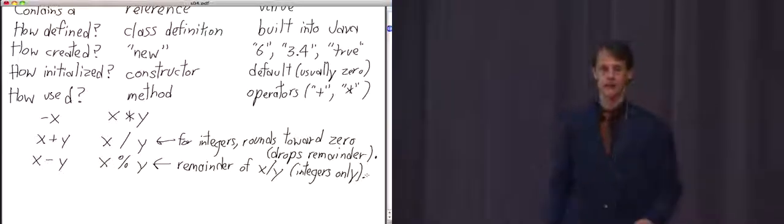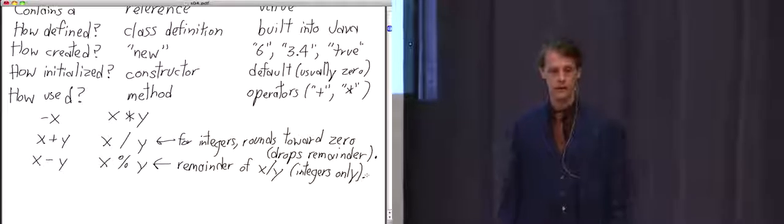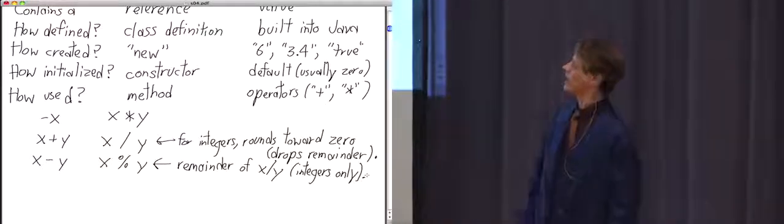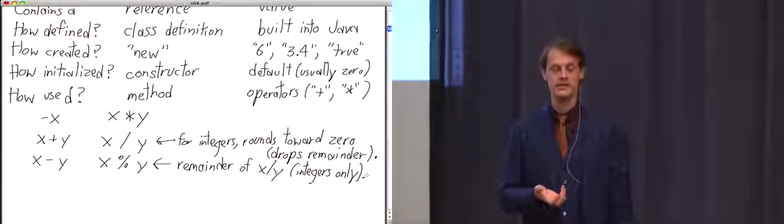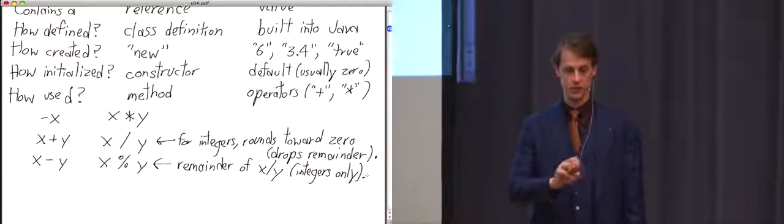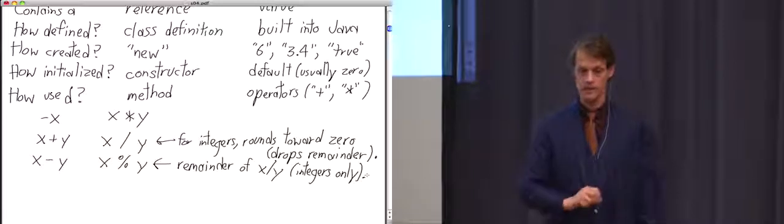I don't quite understand the distinction you made between created and initialized. Could you explain that? Created is when you bring one of these things into existence in the first place, like create the piece of memory that's going to store either the primitive type or the reference type.